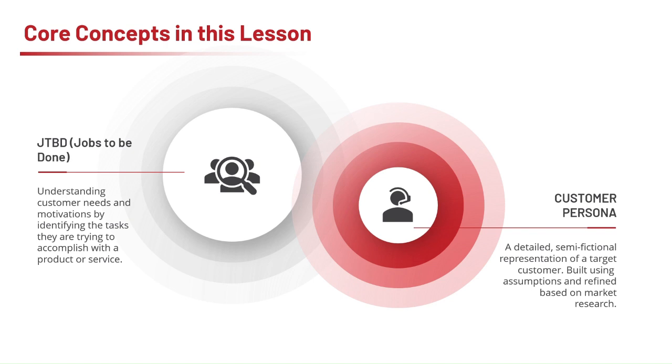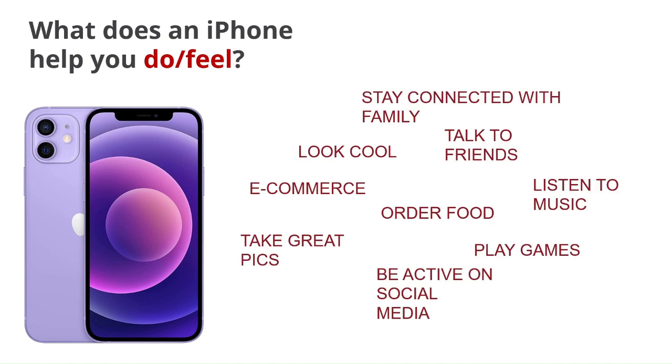First let us understand what is meant by JTBD, which is jobs to be done. Think this way: customers don't just buy our products, they hire the products or services to do a job for them. This is jobs to be done. For example, an iPhone. What does an iPhone help you to feel? If you ask this question, you may get many answers.